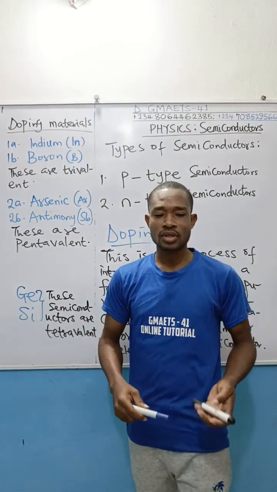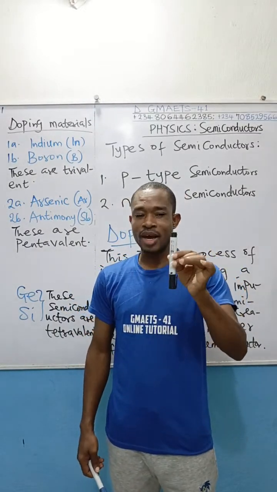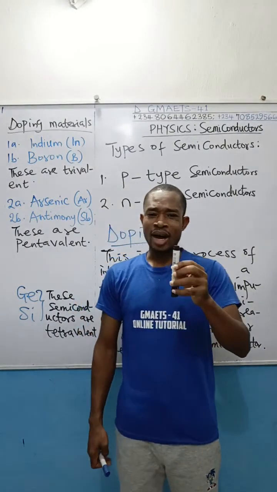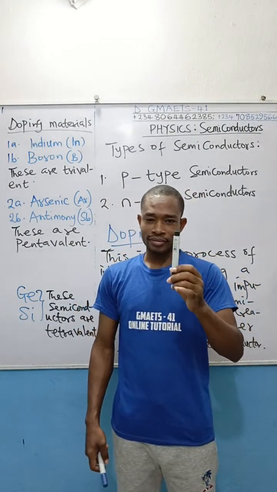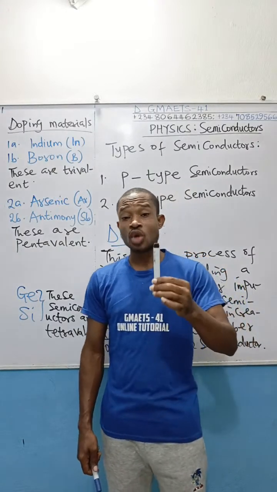So what happens? Let me assume that this is pure germanium. Number of electrons and protons are the same. And now I decide to dope it by introducing a doping material to it.